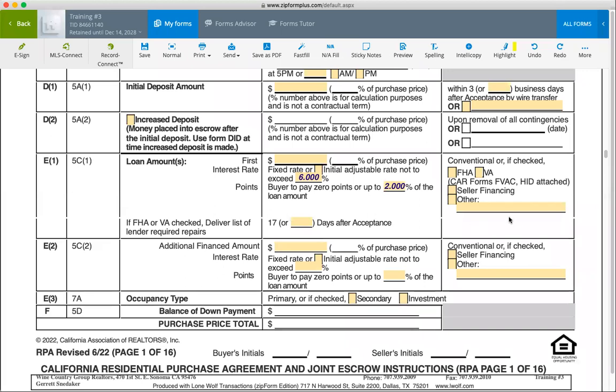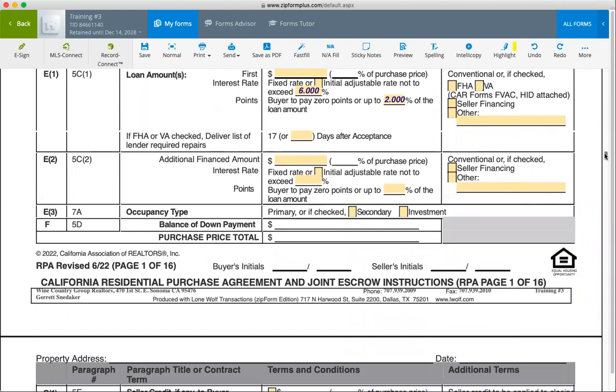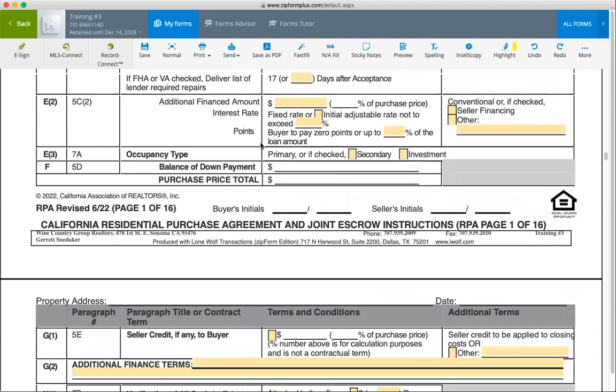That becomes part of the contract. Down to 3E, paragraph 3E, additional financing. So you might have a first loan, a second loan. You might have a conventional first loan, the seller financing for second loan, typically not, but that allows for those things to be completed if that's happening.